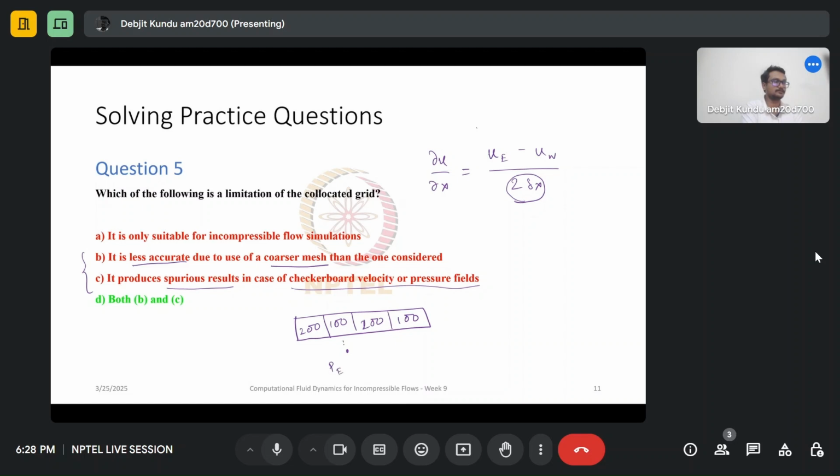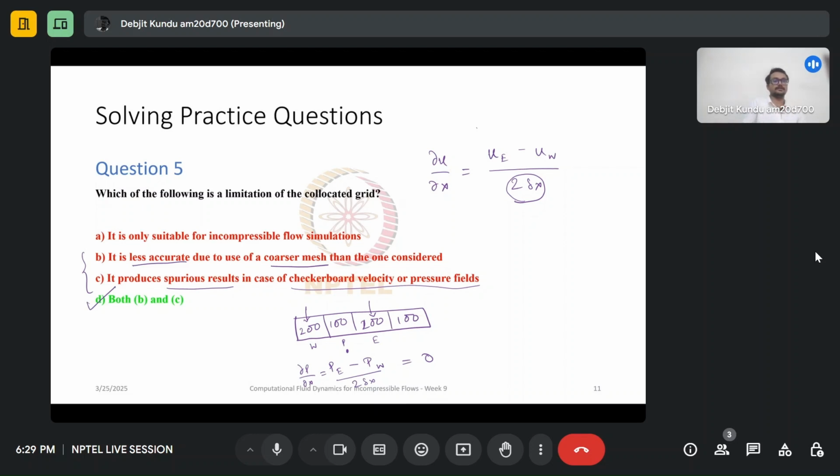If this is P, E, and W, my pressure gradient would be calculated as PE minus PW by 2 delta x, which would give me 0 because both PE and PW are the same, right? So in this way, the velocity and pressure stop talking to each other, and that results in decoupling, and finally it gives us incorrect results. So both B and C are correct. That's why you have to choose option D, that is both B and C.